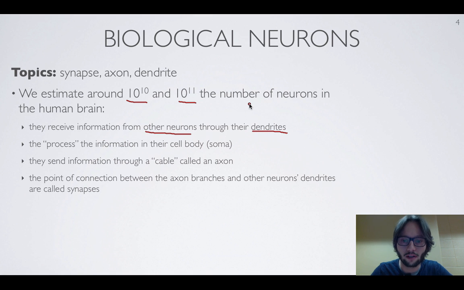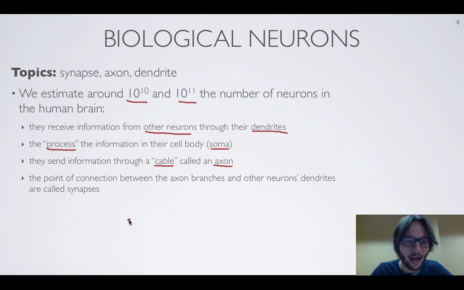So dendrites are kind of like the ears of the neuron, so it receives the information from other neurons it is connected to. Then information that comes from these dendrites is processed within the cell body of the neuron, which is called the soma. Then the neuron will send information through a cable, quote unquote, which is called the axon.